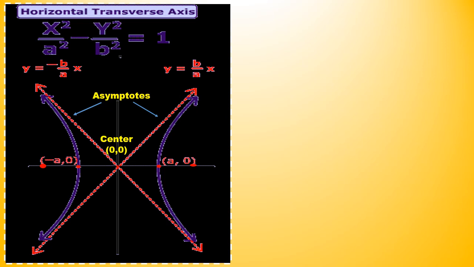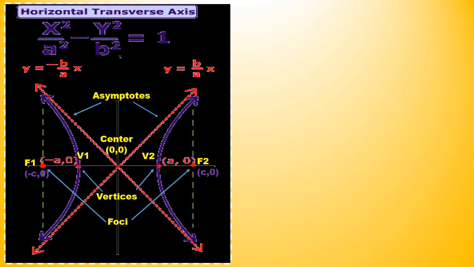Since we're dealing with a horizontal transverse axis, the vertices lie along the x-axis, with vertices (negative a, 0) and (positive a, 0). The same is true with the two foci, with ordered pairs (negative c, 0) and (positive c, 0). It is also very important for us to know the width of the hyperbola, and we term that the latus rectum.